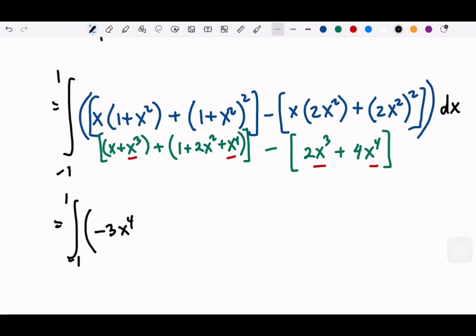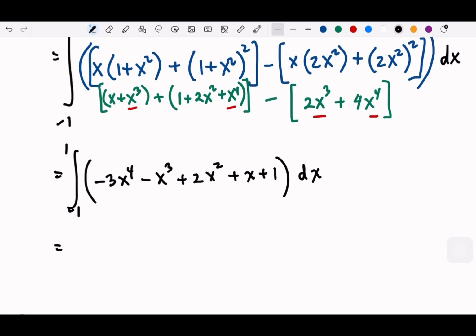I will write in order. x cubed will be x cubed, minus 2x cubed will be negative x cubed, and then 2x squared, right? So no other variations. We can write down all the things here, and basically we integrate this.